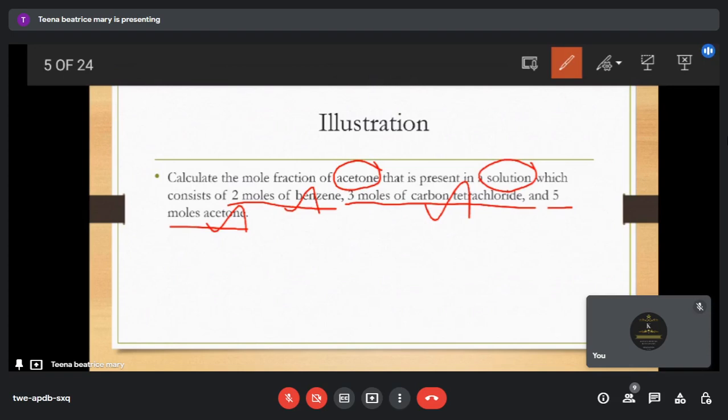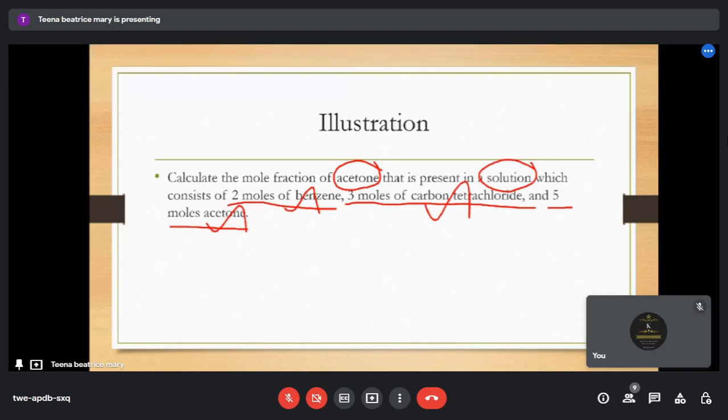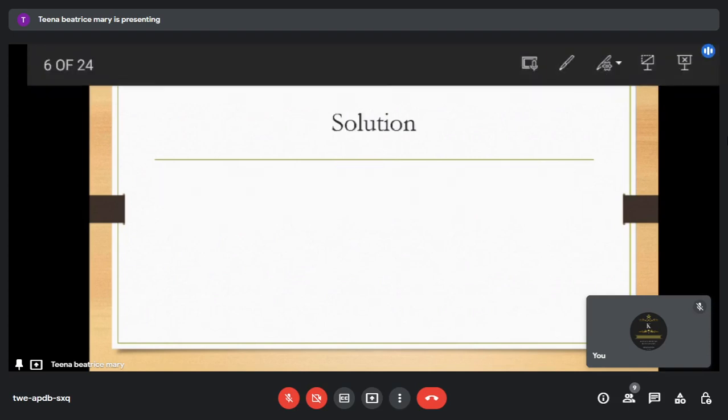Okay, shall we start? Yes ma'am. Okay, first, what you have to take. First, what have they given us over here? 2 mole of what do we have? Benzene, right? What is the chemical formula for benzene? C6H6.